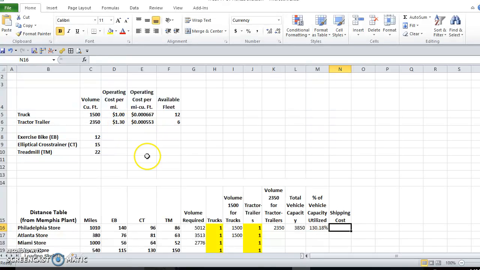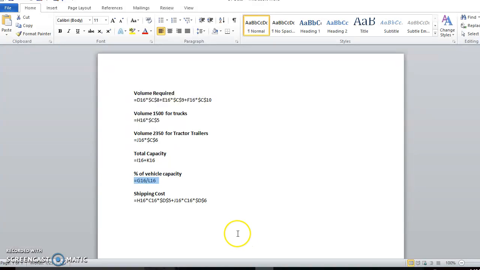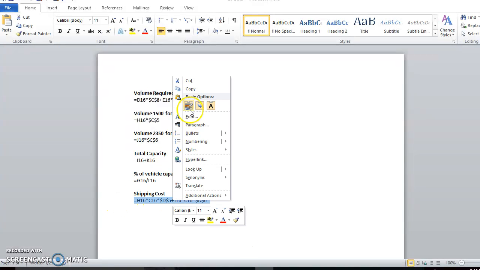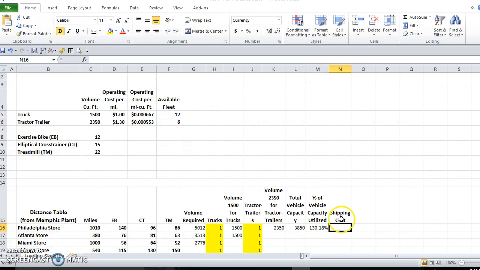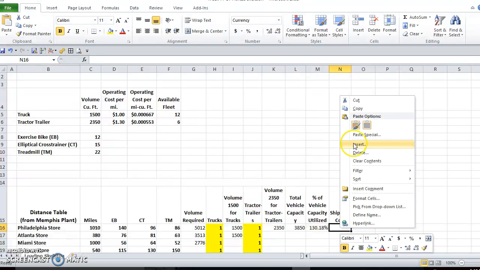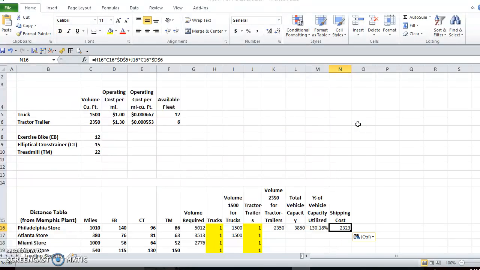And what that's going to do is take all of our information, including our cost per mile, our cost per cubic foot, and all the other data, and create an equation for that. And I would go over that, but it's a little tedious, and you can certainly do that on your own. But plugging that equation in gets you the total cost.